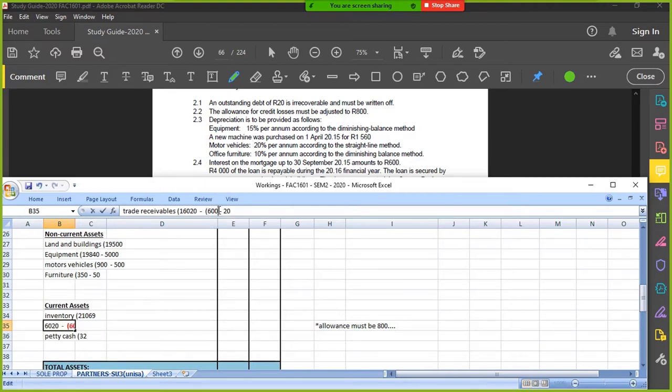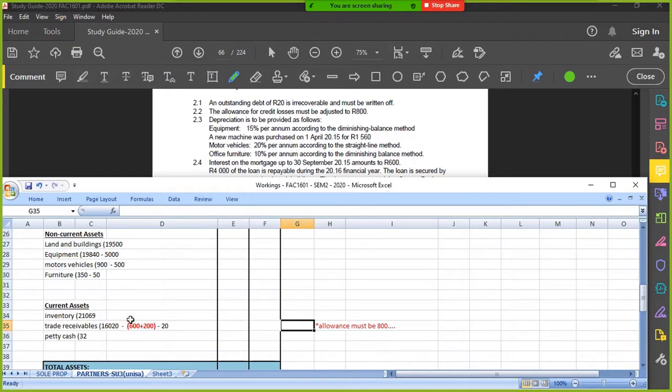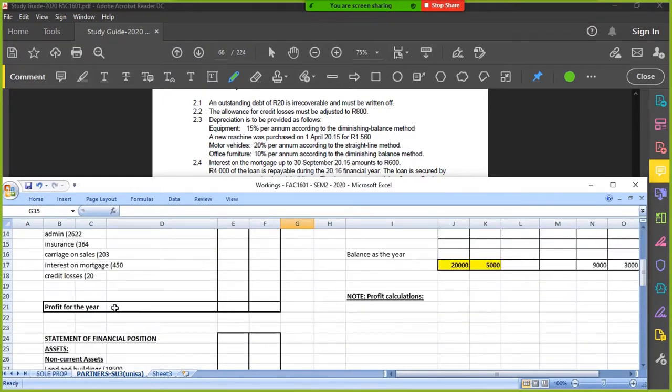This 600 needs to go up to 800, so plus 200, close brackets. There's the allowance. That 200 is going to be a debit for the expense, so the credit loss plus 200, close brackets. I'm going to highlight that in red.